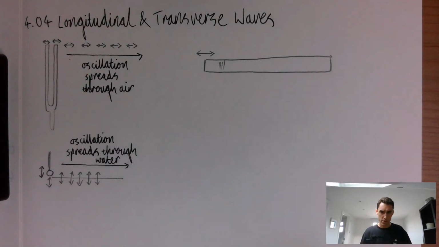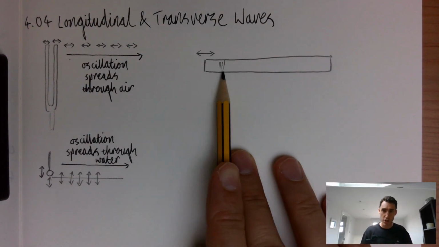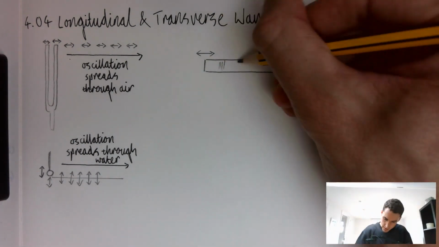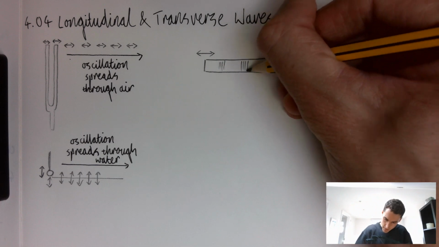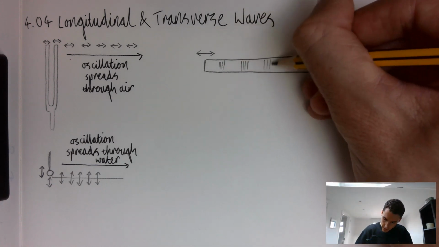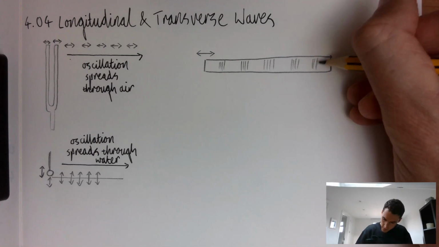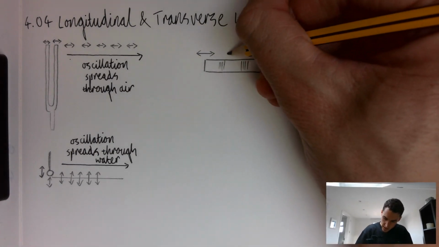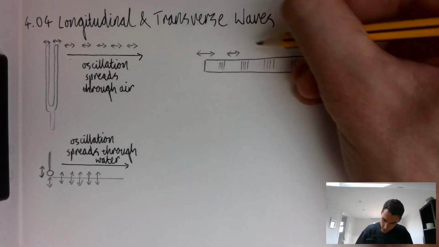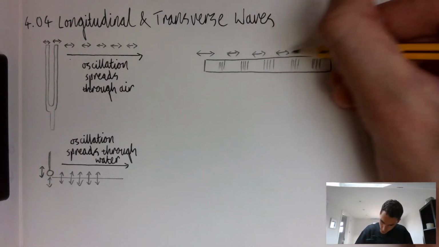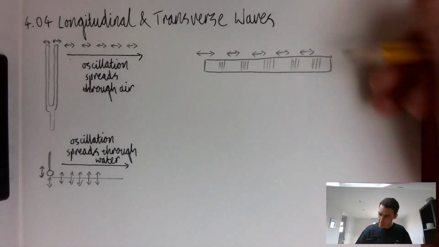Again, we don't need to go into those words at this stage, but a compression area here, and that's going to spread. So a few seconds later, that's going to be over here, a few seconds later, over here, and so on. Each of these illustrates that we've got some sort of oscillation spreading throughout the medium. And what's the medium? In this case, it's not air, it's the slinky spring.